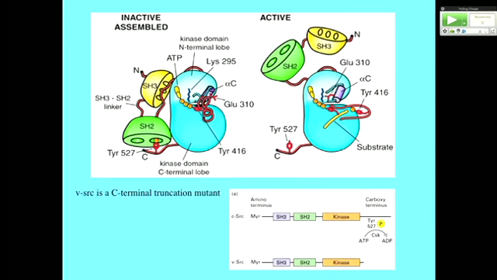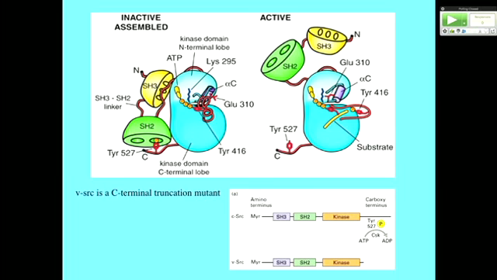And so what's the consequence of that? That's good. It wouldn't be inactive, meaning it would be active. Excellent. So if it's missing this phosphotyrosine domain, the SH2 cannot fold properly by binding to what's missing, right?